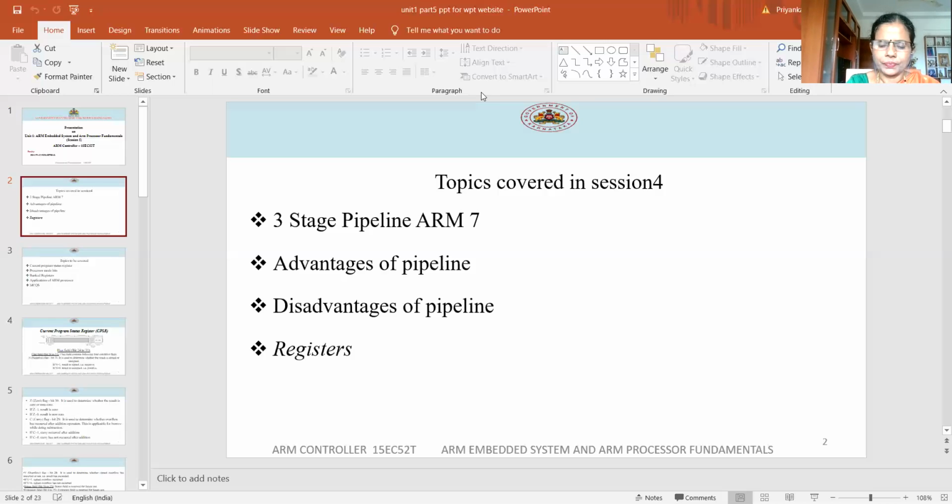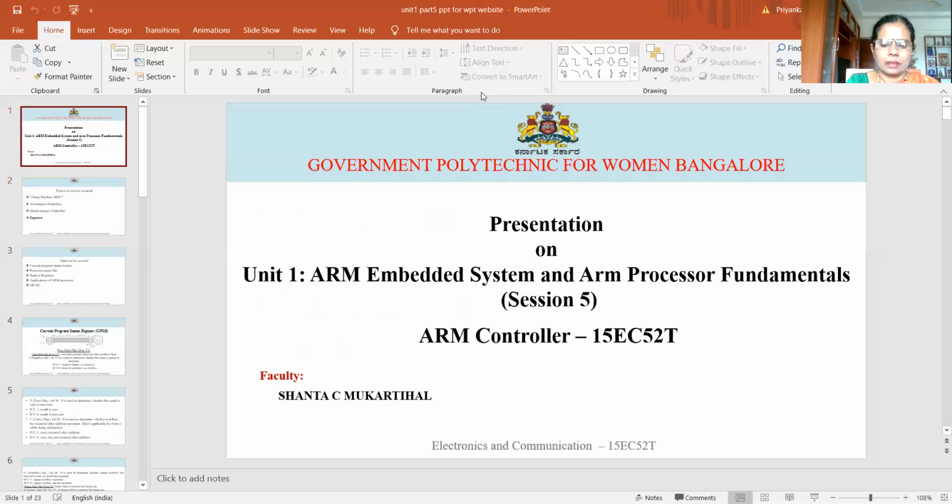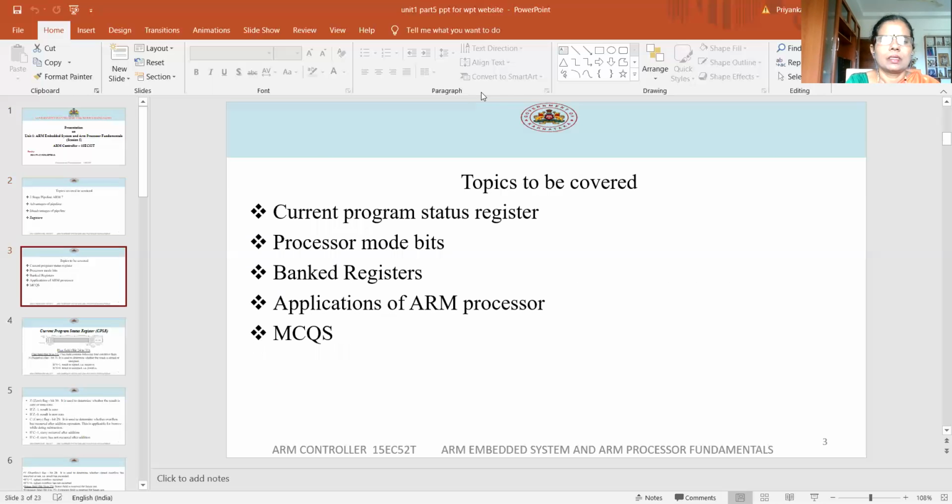Today's topics to be covered are the current program status register, whose bit structure we are going to study: the content of the register and the function of each bit in CPSR.